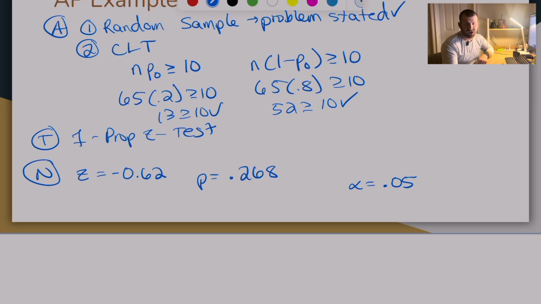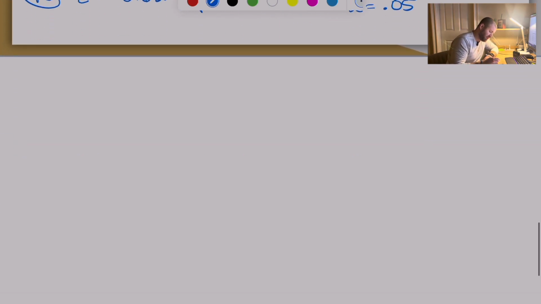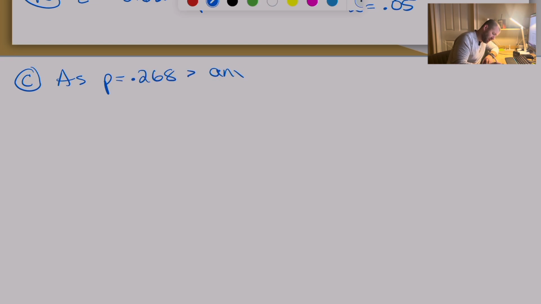Based on that, one thing I've told you guys for a very long time: if you are not given a significance level, that means no matter what, your conclusion is going to be the same. Either your p-value is going to be very large, or very small. In this case, for my conclusion, we would say as p equals 0.268 is greater than any alpha, we do not reject the null hypothesis.